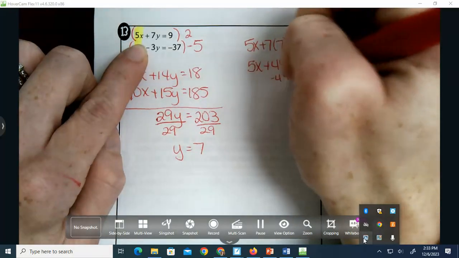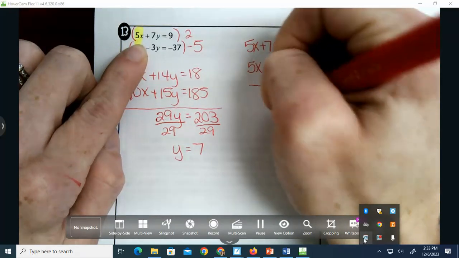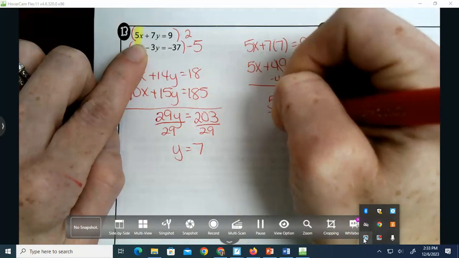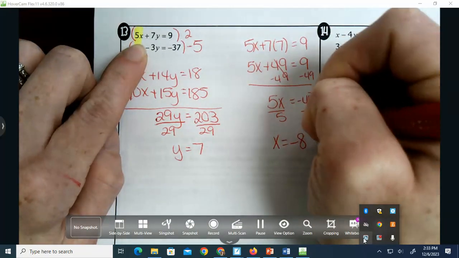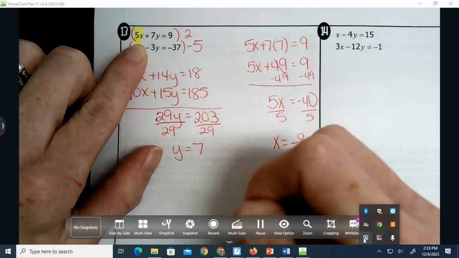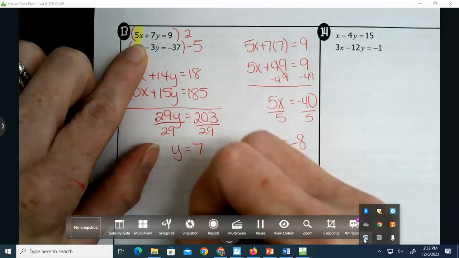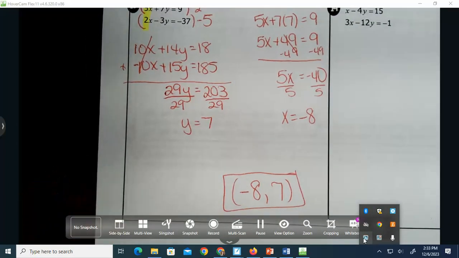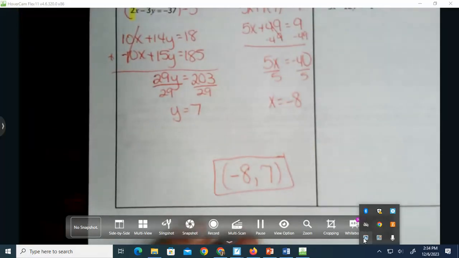So if we subtract the 49, divide by 5, and x is -8. So my answer, x y, -8, 7. And we were doing elimination the past couple days when we've solved all those word problems. So we've practiced that one quite a bit.